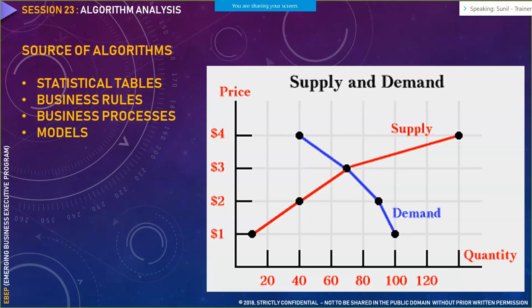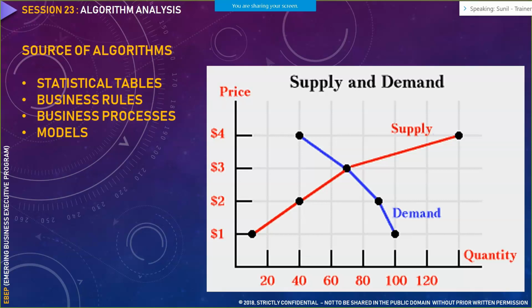Now, every algorithm has to follow a certain model. For example, we have a very common model called the supply versus demand model, wherein basis on the demand, we assess the supply, and basis on the supply, we assess the demand. The pricing would completely depend on the demand and the supply. These are the two important factors basis on which we determine our prices.